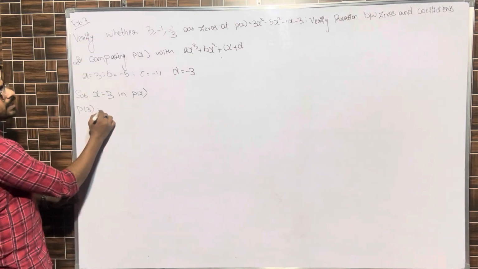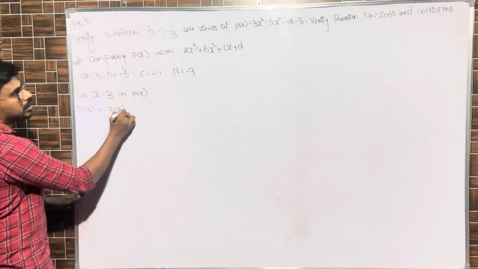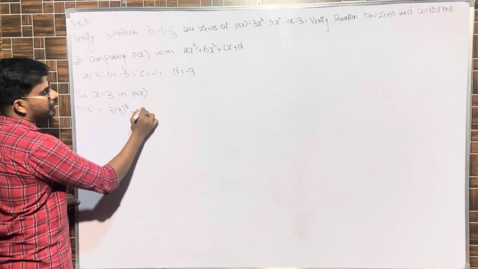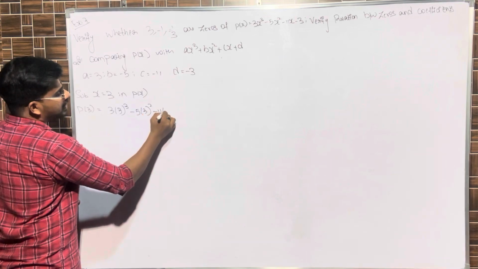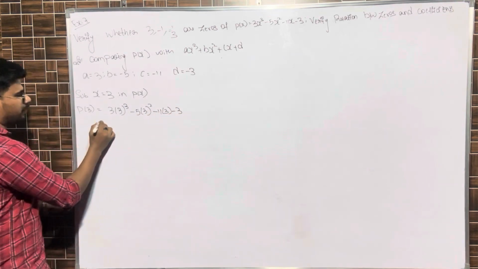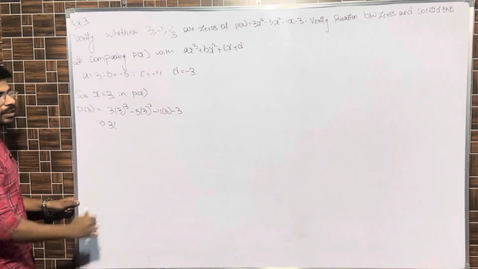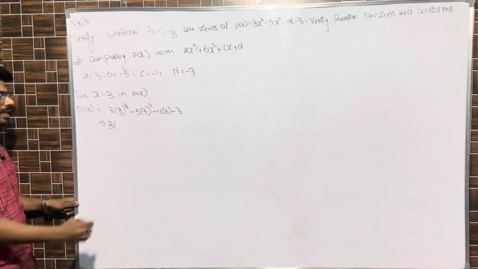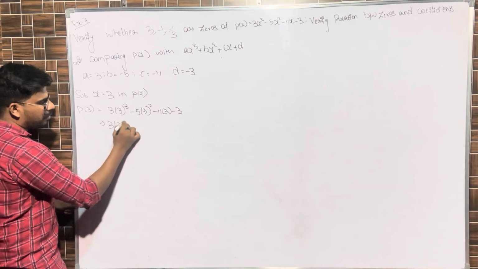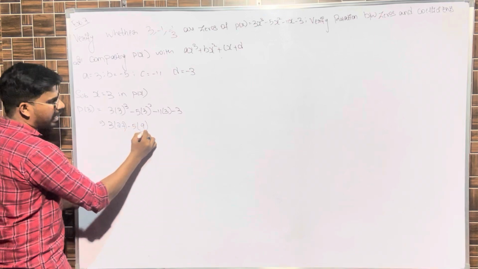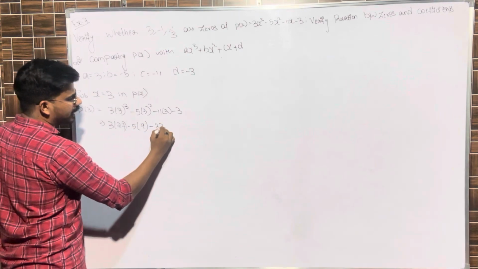P of 3 means 3 into 3 cube minus 5 into 3 square minus 11 into 3 minus 3. 3 into 3 cube is nothing but 27, 3 3s are 9, 9 3s are 27. Minus 5 into 3 square, which is 9. Minus 11 3s is 33.